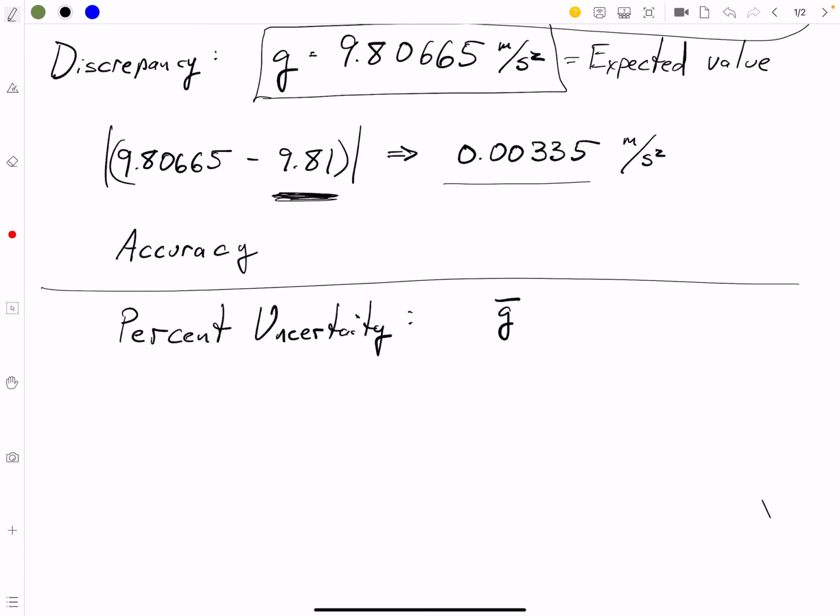You've measured your average, but you also have your uncertainty. So you take your uncertainty, and we're going to divide by our G, and then multiply that by 100%, and that's going to give us our percent uncertainty.